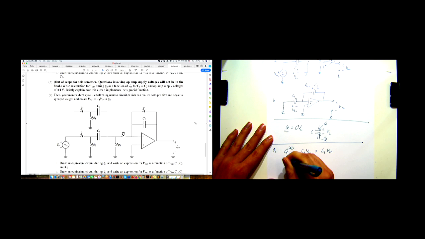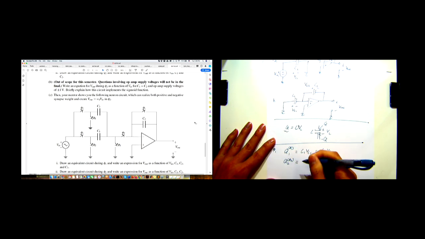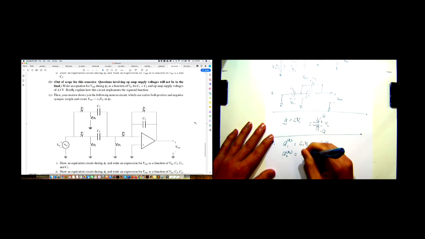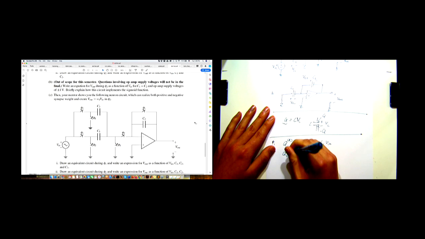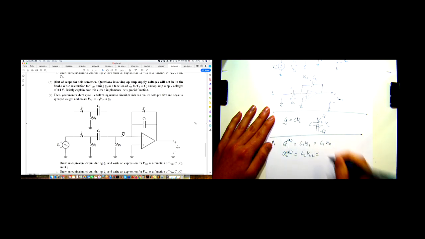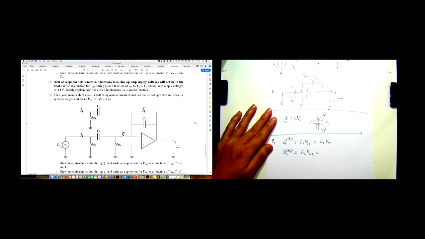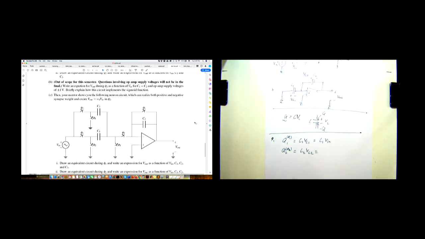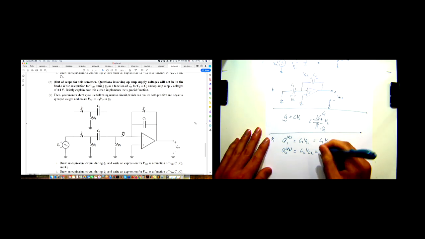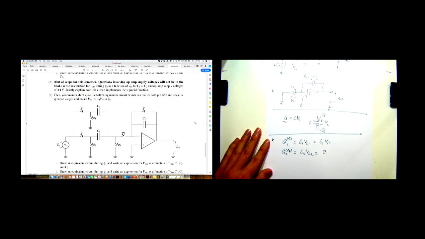And the charge on capacitor 2 is equal to C2 times VC2. Oh, sorry, this should be phase 1. We notice that both terminals of C2 are connected by a wire, so there's no voltage across C2. So this is equal to 0.